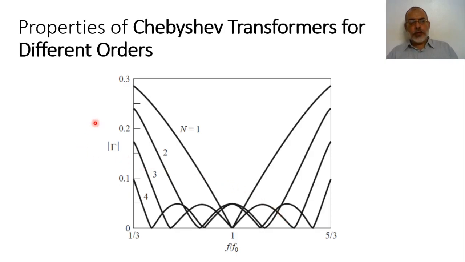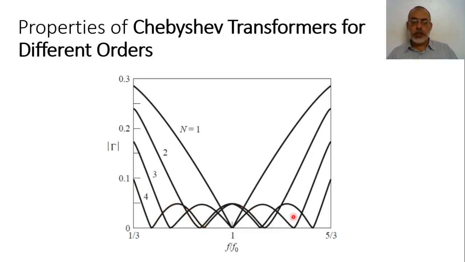The reflection coefficient for different orders of n for the Chebyshev polynomial: for n equal 1, it will be the conventional quarter wave transformer. For n equal 2, it would look like this. For n equal 3, it would look like this. And for n equal 4, it would look like this.